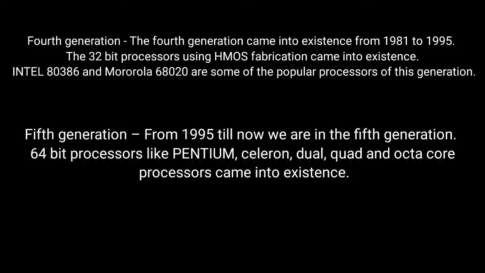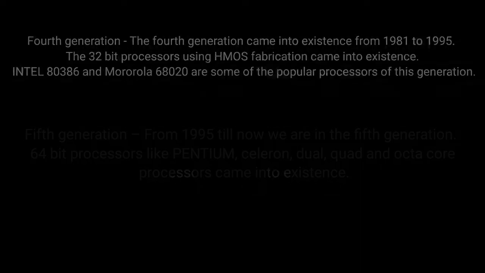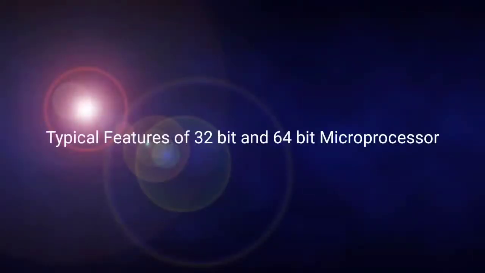Fifth generation. From 1995 till now, we are in the fifth generation. 64-bit processors like Pentium, Celeron, Dual, Quad, and octa-core processors came into existence. Typical features of 32-bit and 64-bit microprocessors.